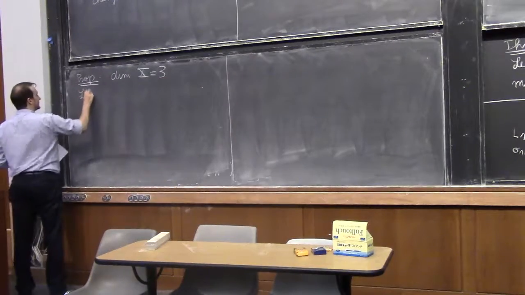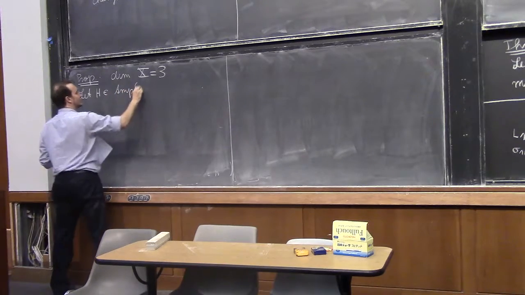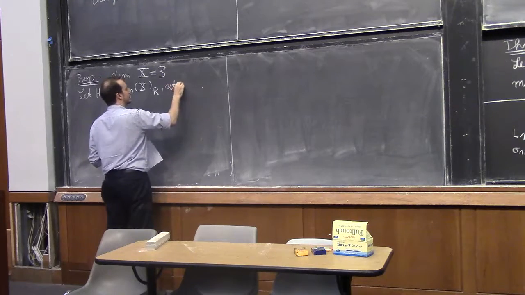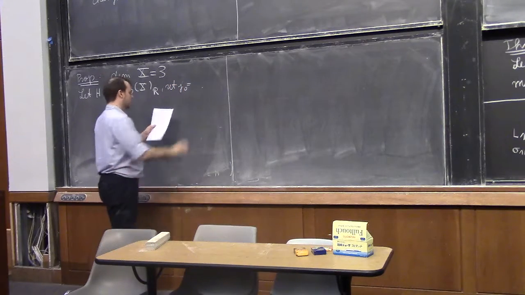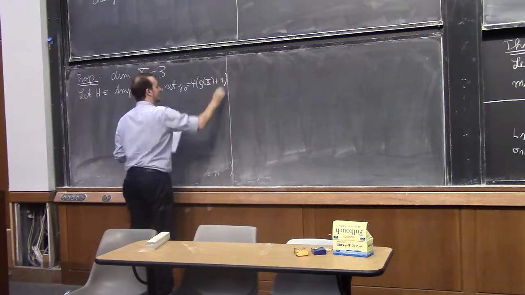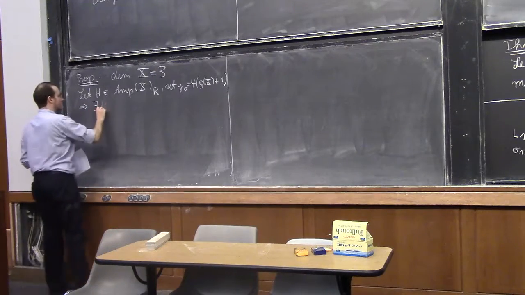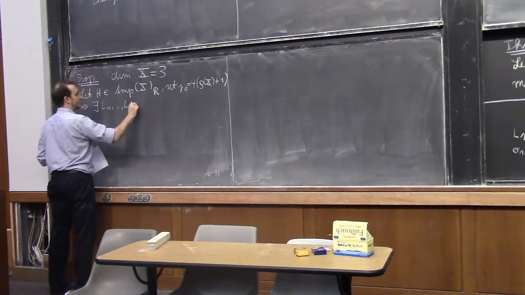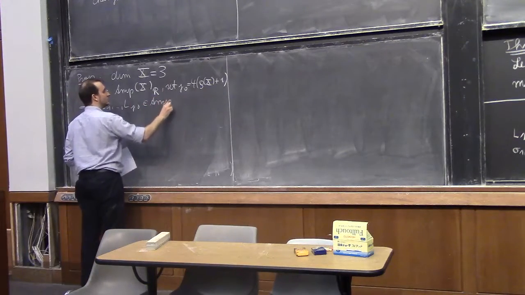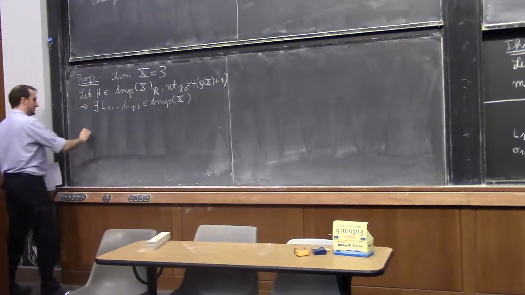So let H be an element here. And I set j naught to be, it's pretty big, 4 times rho X plus 1. Then there exist ample bundles L_1 up to L_{j naught}. So these are now really ample bundles that have the following property.